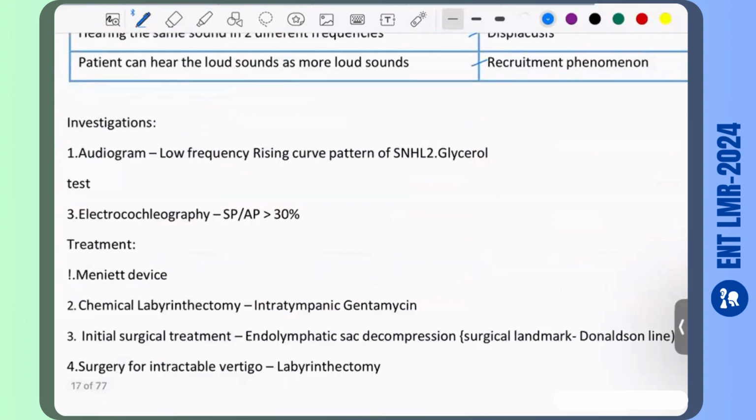Investigation: on audiogram, I already told you, it is SNHL with a low frequency rising curve pattern. What is the other thing? Glycerol test positive. In electrocochleography, the summating potential by action potential ratio will be more than 30%.